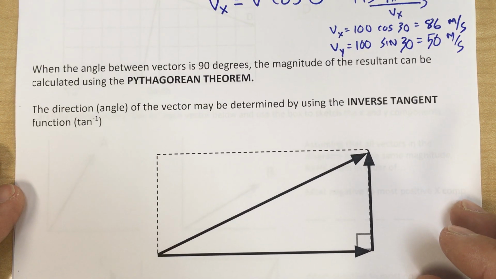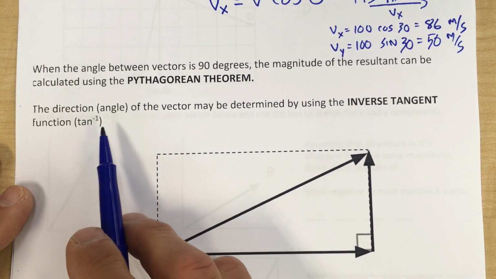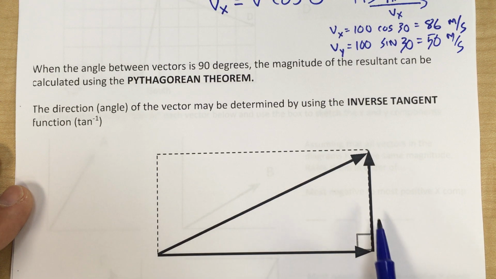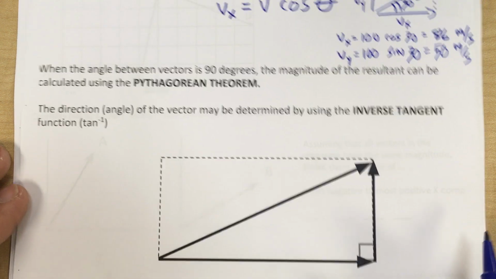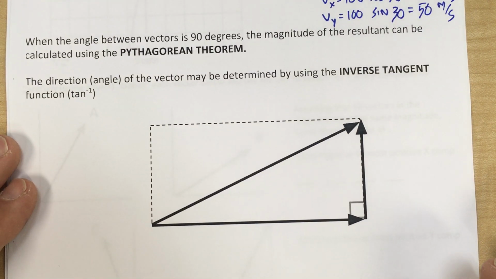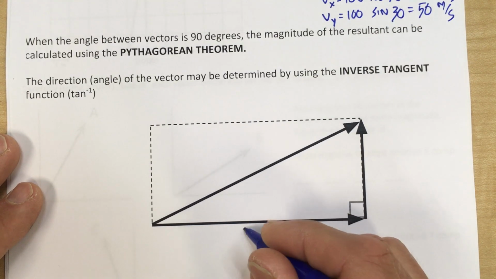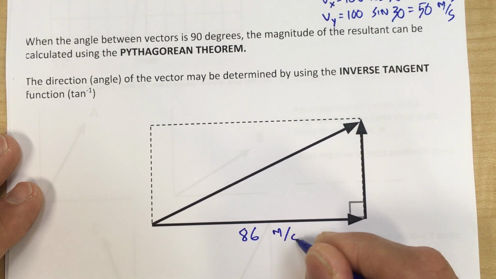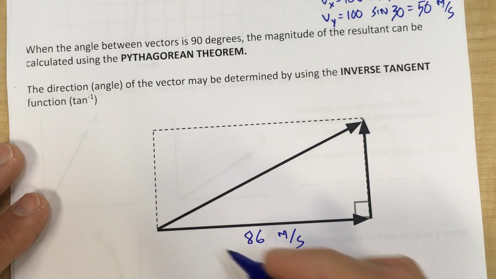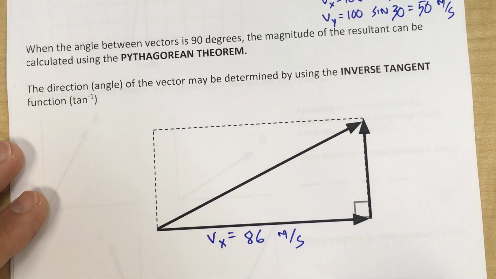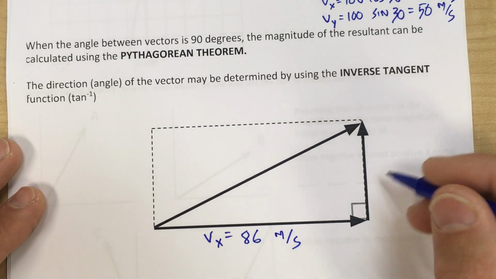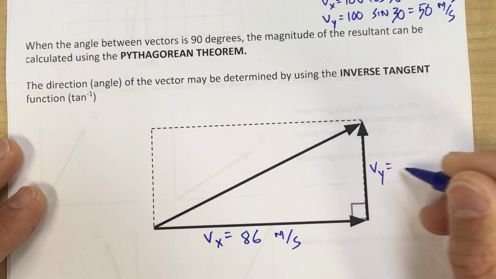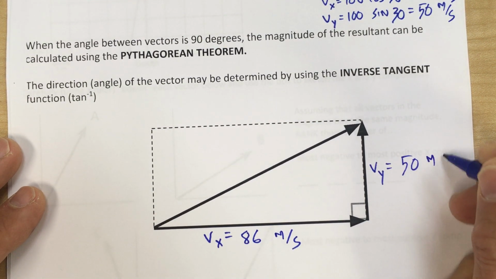What if you want to go the other way? In other words, what if you know what the components are, but you want to figure out what the original vector is? So let's say that I knew that I had 86 meters per second as my horizontal component, and let's say that I knew that my vertical component was 50 meters per second.